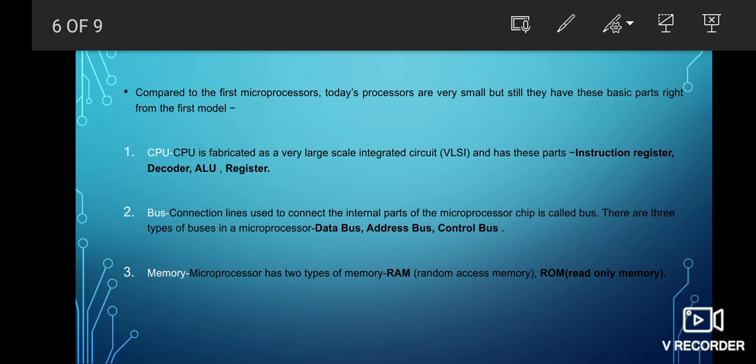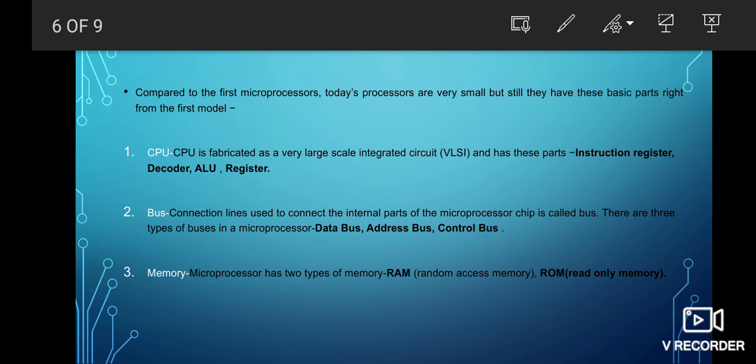Compared to the first microprocessor, today's microprocessors are very small, but they still have three basic parts right from the first model. CPU: the CPU is fabricated as a very large scale integrated circuit and has three parts: instruction register, decoder, and ALU register.